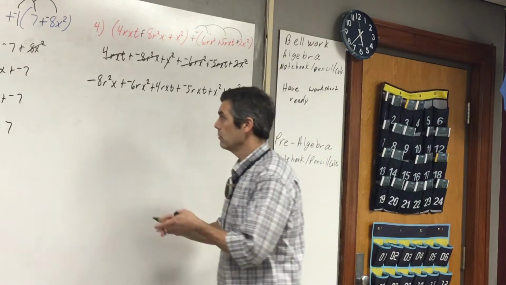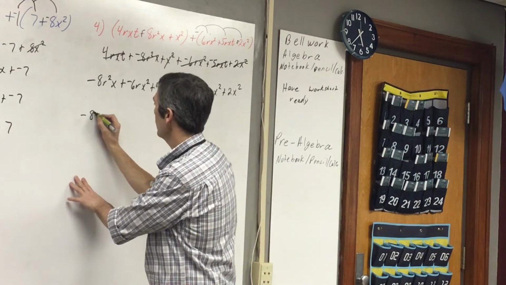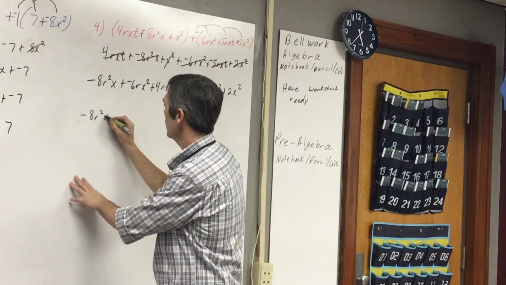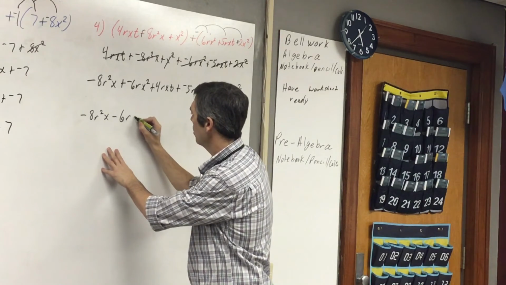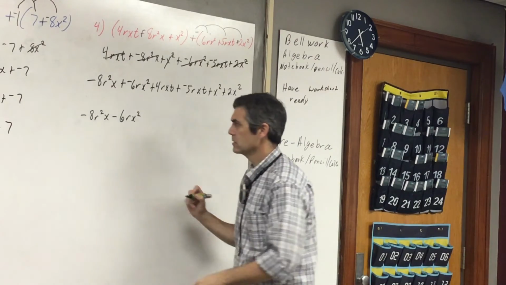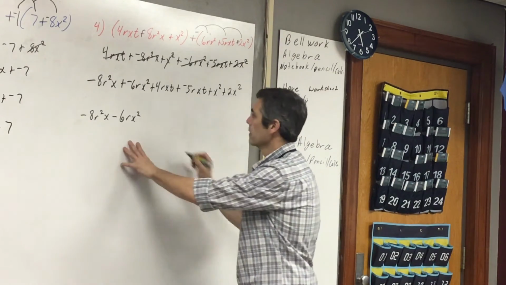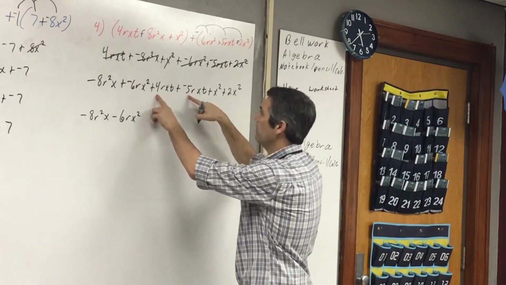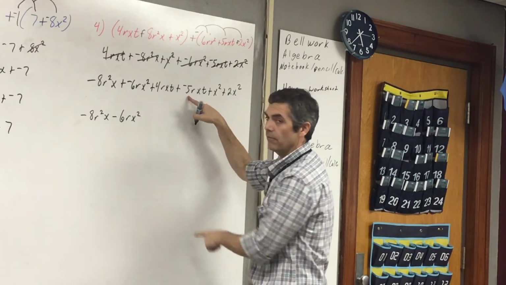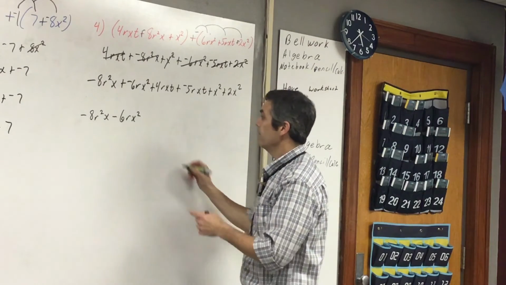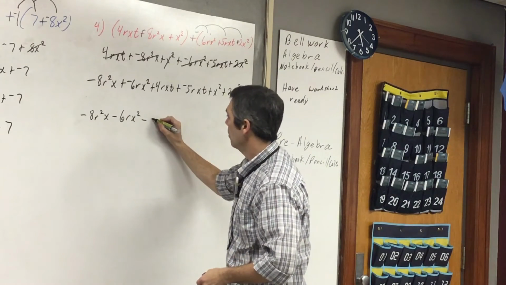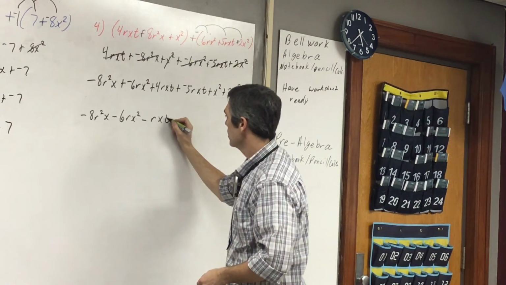So we're going to rewrite this: negative 8r squared x, and I'm going to put this as minus 6rx squared, because I think it looks a little cleaner in this instance. And then we're going to combine these. 4 plus a negative 5, subtract, keep the sign of the bigger number, so minus rxt.